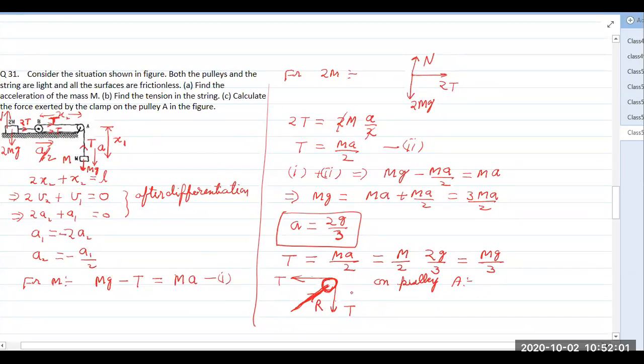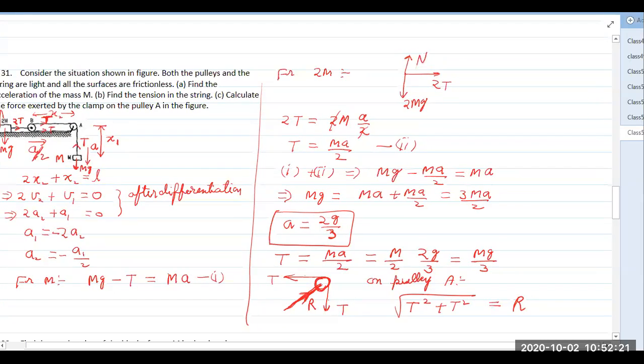So how can we find the value of R? These two tensions T and T are perpendicular, so the resultant is the square root of T squared plus T squared, and this magnitude must balance R. Only then will the net force be 0.